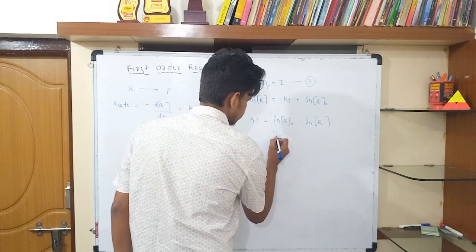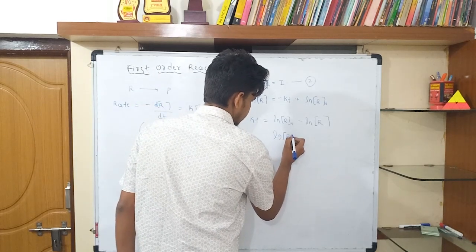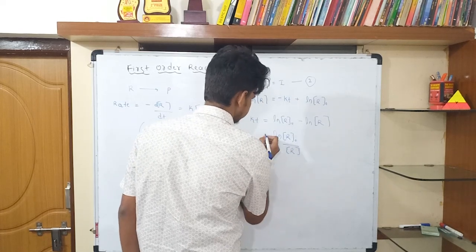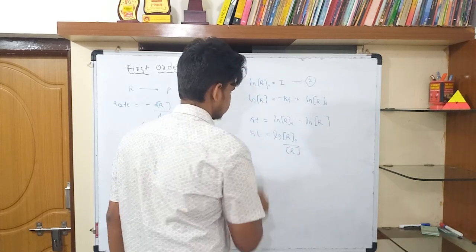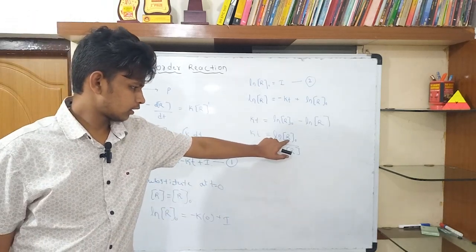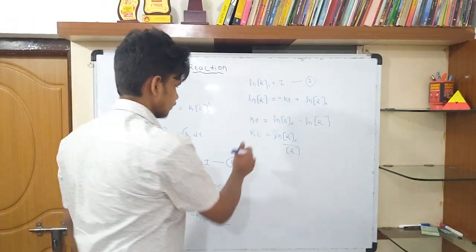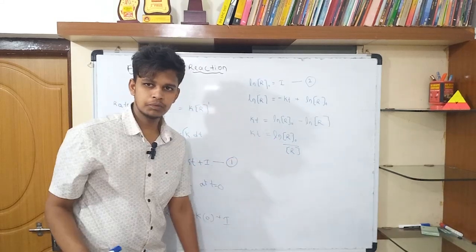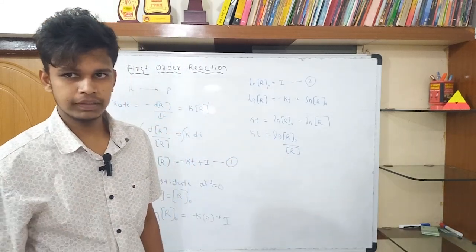This becomes ln of R naught divided by the concentration of R equal to kt. Clear? kt equals ln R naught divided by R. After that, here it is in the form of ln, and we want it in the form of log to simplify.